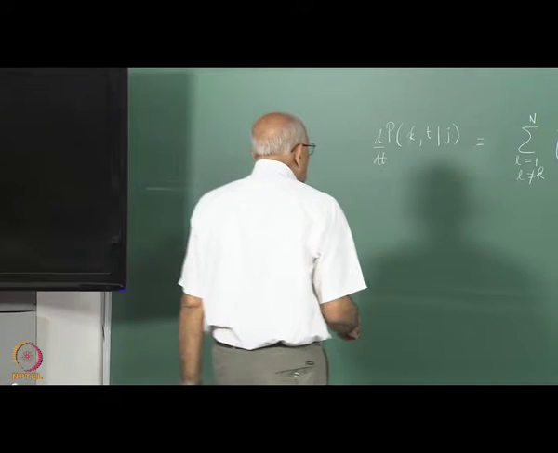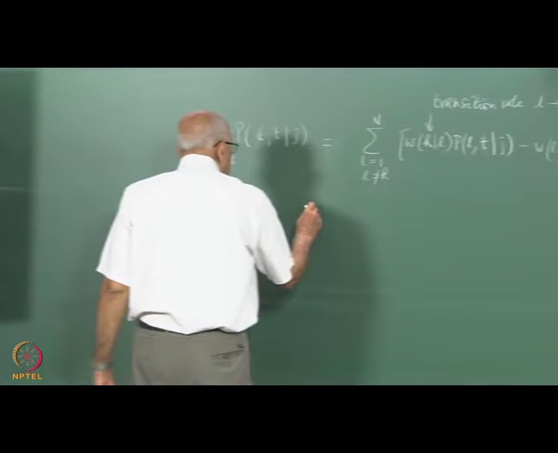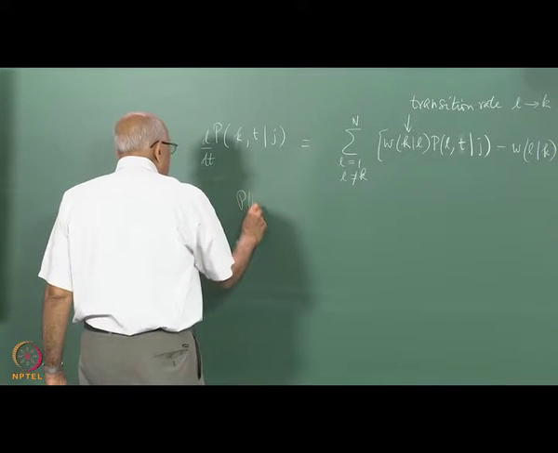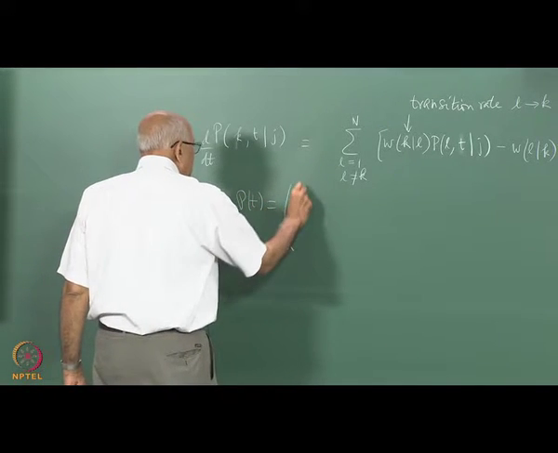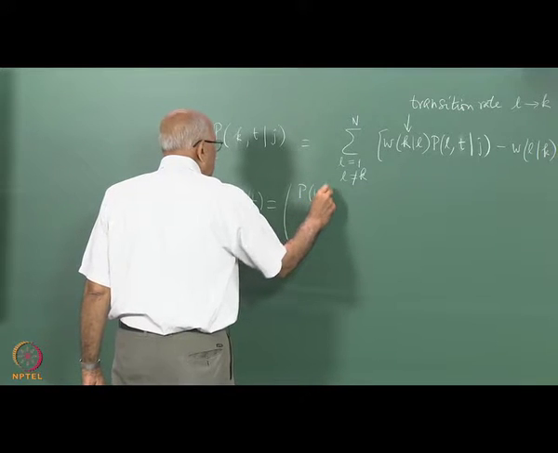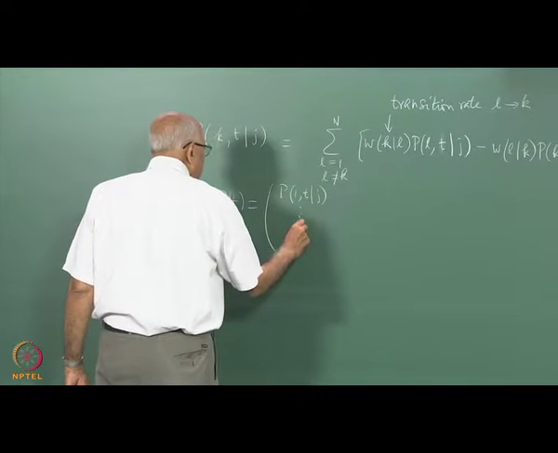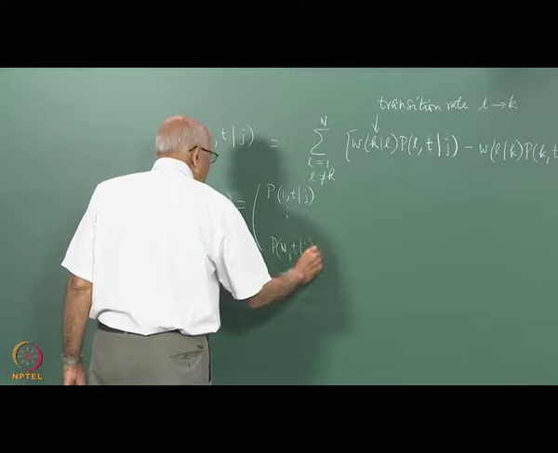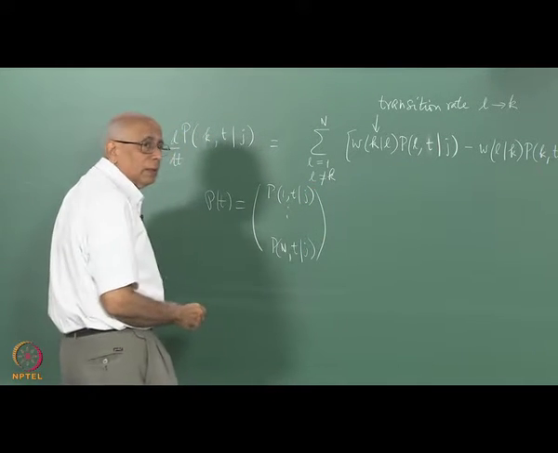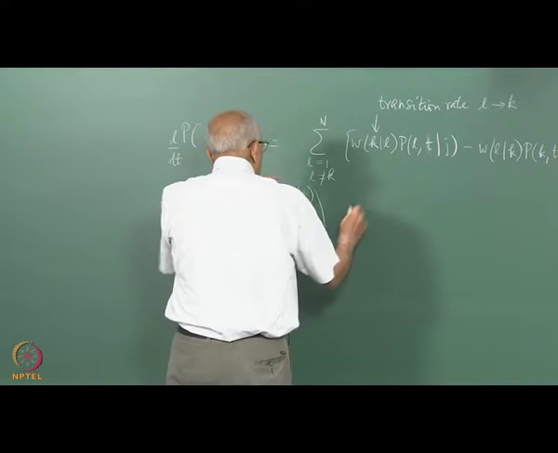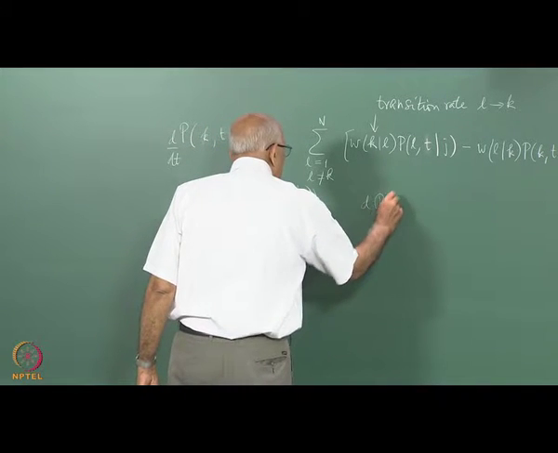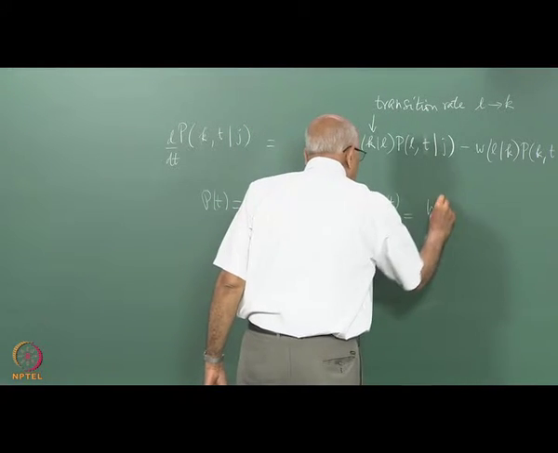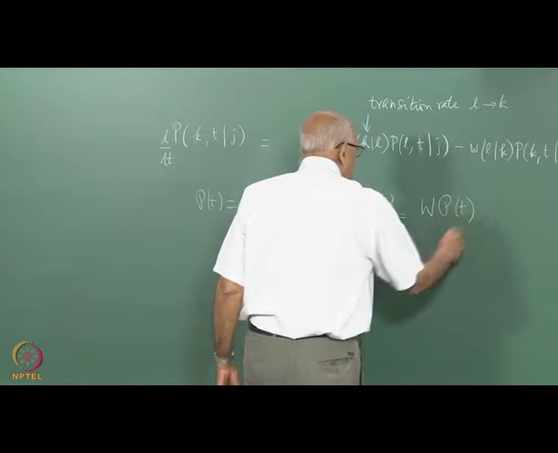Now, notice that I rewrote this as a column vector. So, I said let P of t be a column vector with elements P of 1, t given j, etc. up to P of n, t given j, and then this equation became dP of t over dt equal to a matrix W acting on P of t.